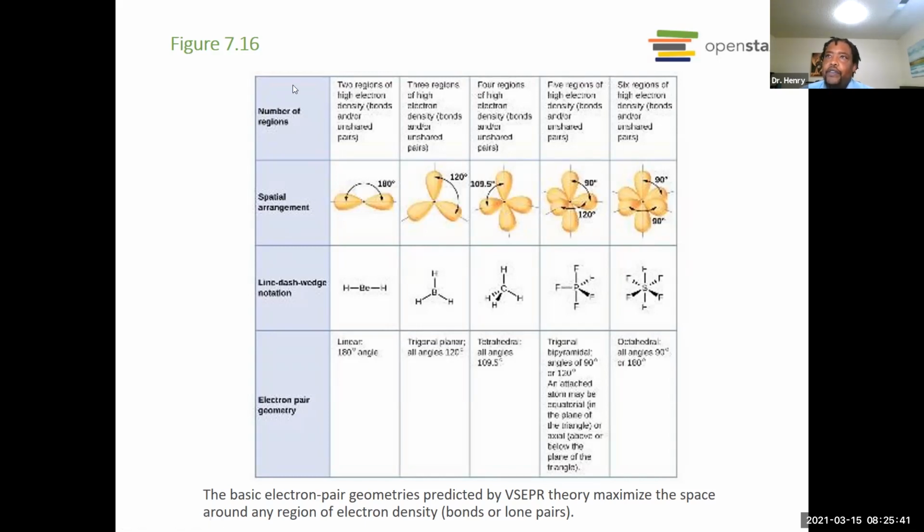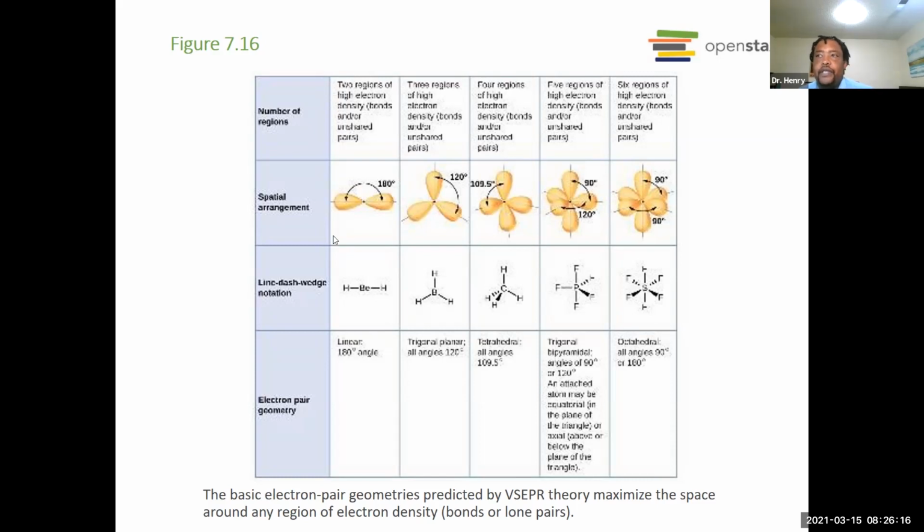Okay, so here we have, this is basically showing you the spatial arrangements with balloons, in other words. So here we have a center atom, and then we have one attached to one and attached to another. Okay, so then in that case, we're going to have 180 degrees angle between the two, right? This guy is going to be called linear, right? And so we have what we call the electron pair geometry and what we call the molecular geometry, okay?